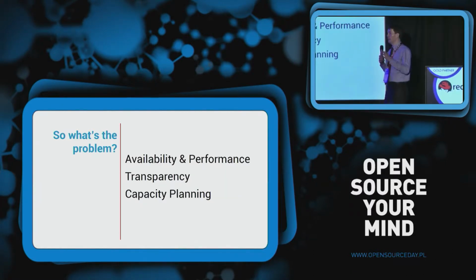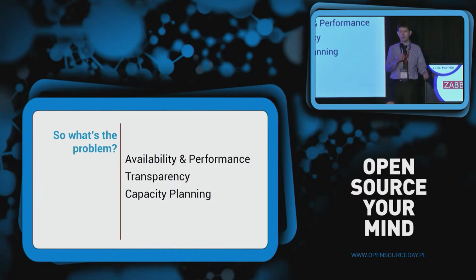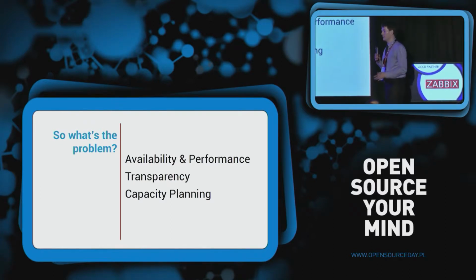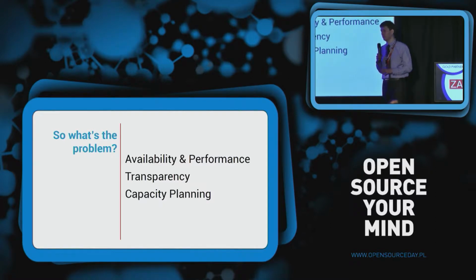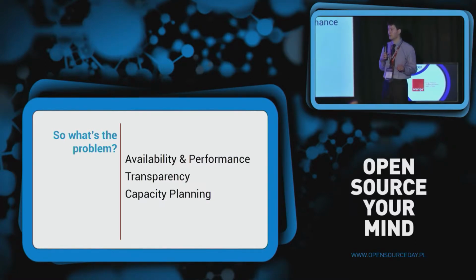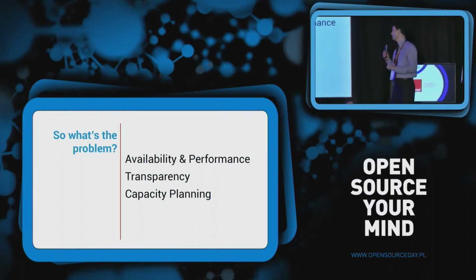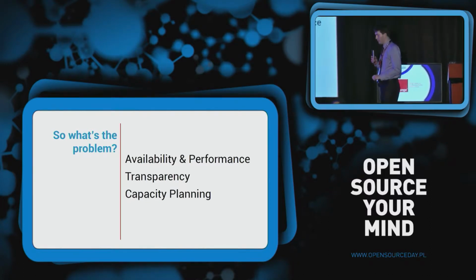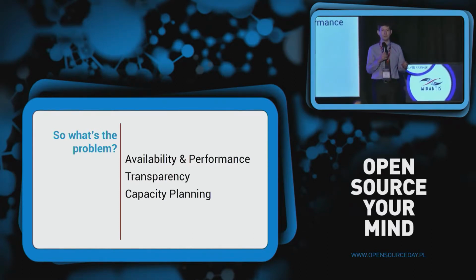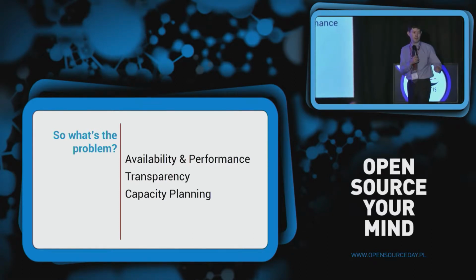It could be just a web server, or a printing or file server. Still, there is IT infrastructure somewhere, and the availability and performance of the services we provide is really important. And of course, transparency, because we'd like to know the state of our system.